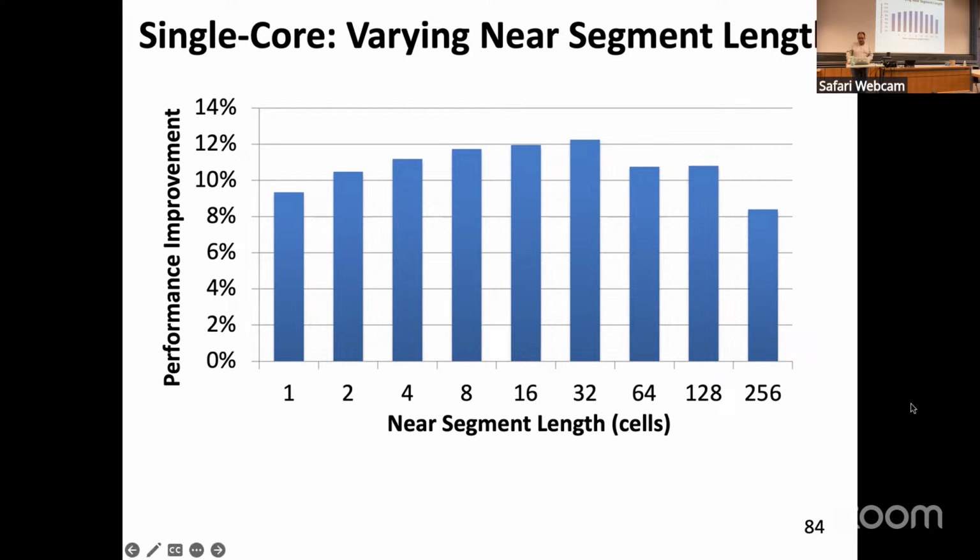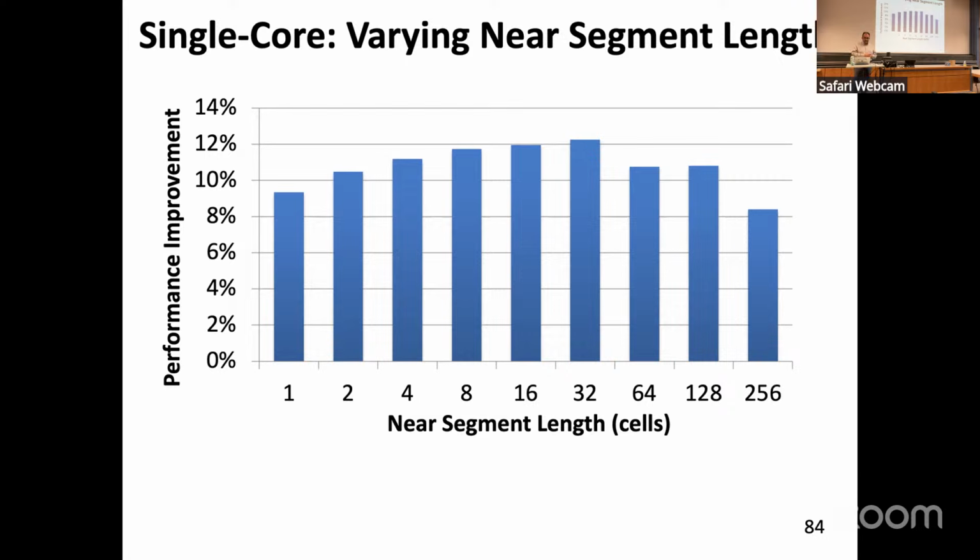So when you have 256, that means your near segment and far segment are actually the same, they are not different. By increasing the number of rows in your near segment, you are increasing your cache capacity, which can be useful because you're going to have a better hit rate. But at the same time, your near segment is going to have longer latency because now the bitlines are longer.